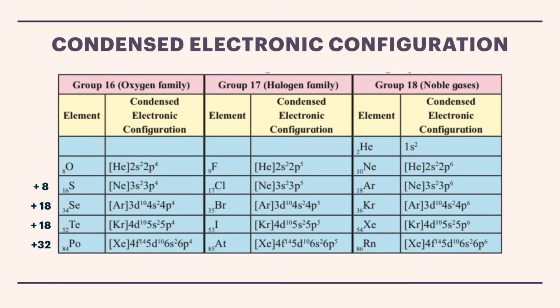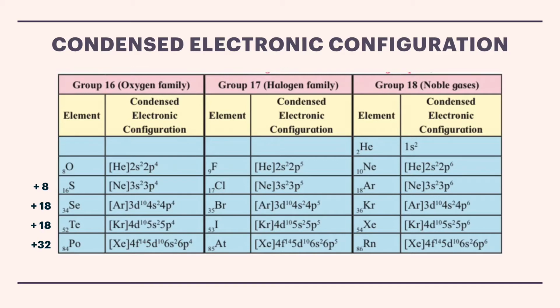Hopefully you understood this. In a similar way you are going to write for group 17 and group 18 elements. And one more thing: if I want to write the electronic configuration, I should know the atomic number so that it becomes easier for me. Oxygen is 8, the first element you have to understand.